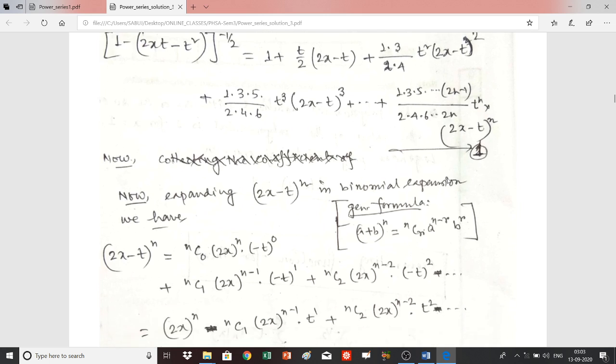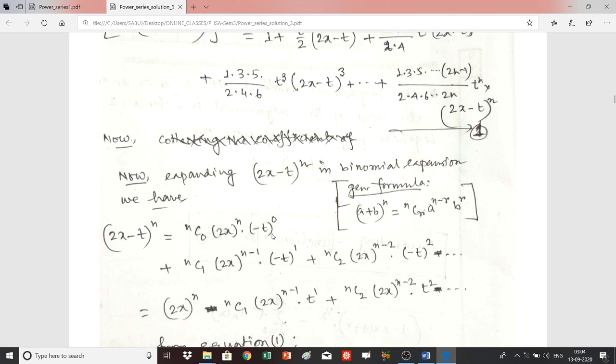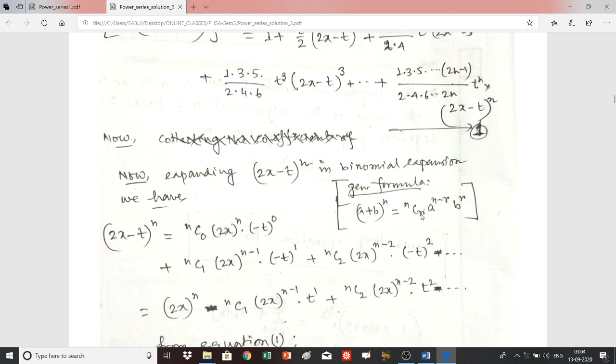The general form of expanding this type of function is a plus b to the power n, and here a is 2x and b is minus t. It is equal to all terms of this series, that is, it can be written as nCr a to the power n minus r b to the power r. So you write here 2x minus t to the power n is equal to, and here r will start from 0 to higher terms.